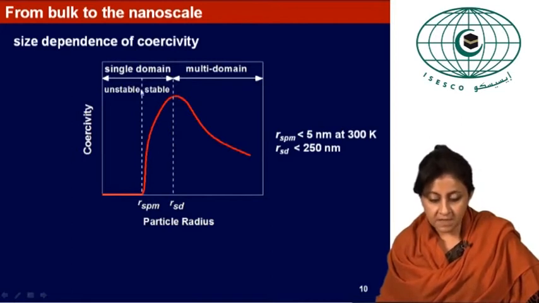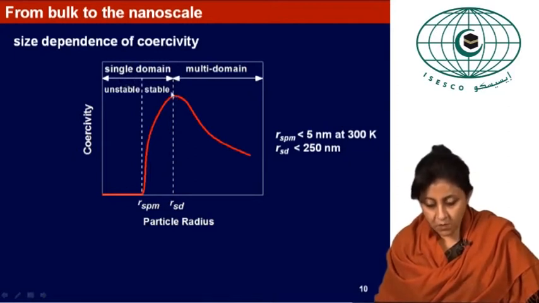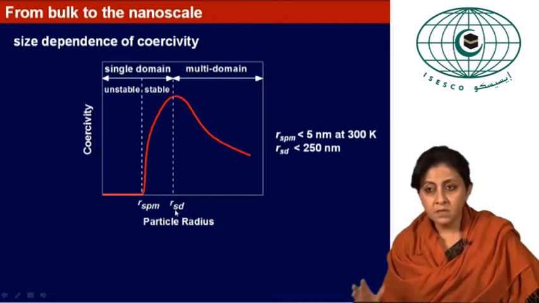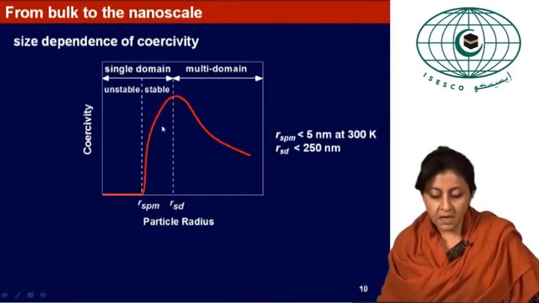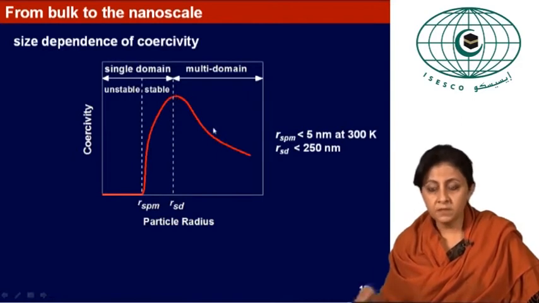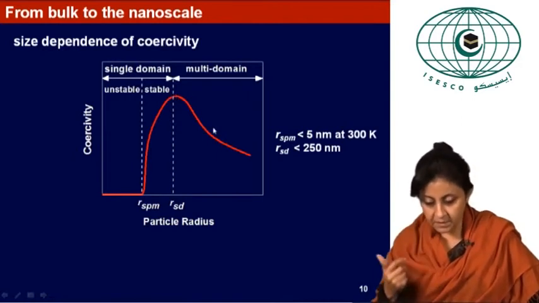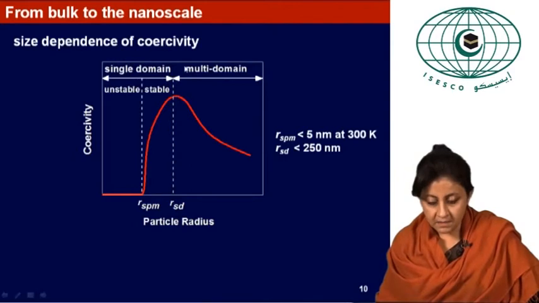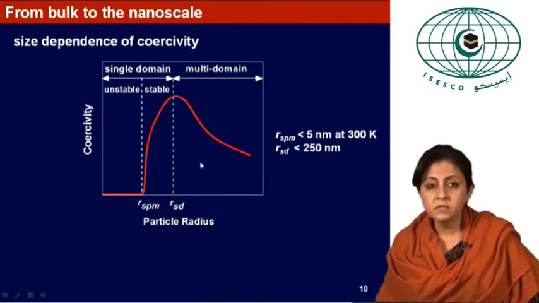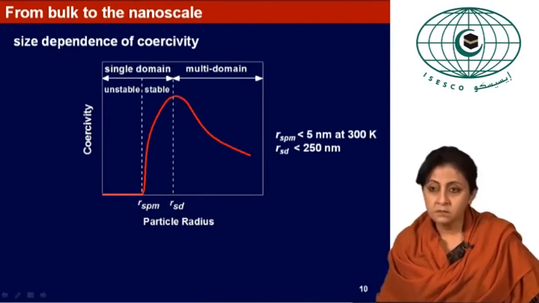So here you have a stable magnetization, and this region is that of single domain particles. After you have crossed a certain limit where you are beyond the minimum radius for single domain behavior, then you have multi-domain behavior. That is, your sample breaks up into domains, and here the coercivity decreases with increasing particle size.